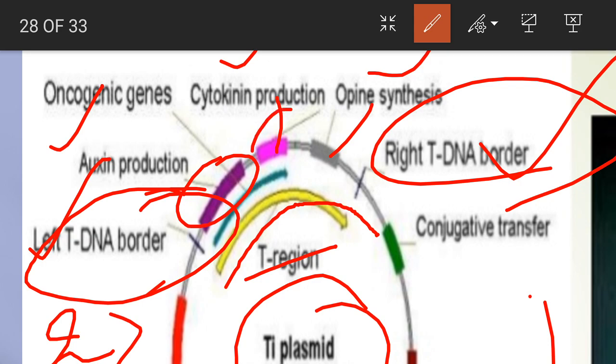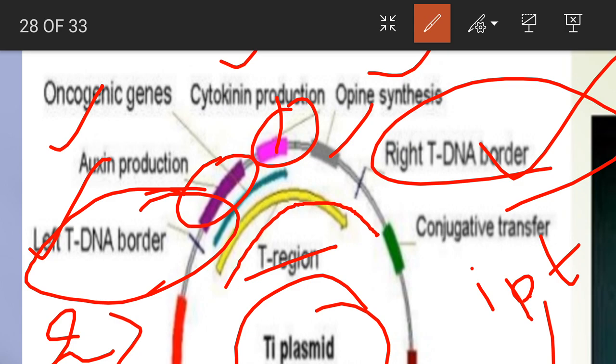Similarly, you can find the second region, called the cytokinin production region. This region consists of one gene called the IPT gene. IPT stands for isopentenyl transferase, which produces a cytokinin, which is responsible for the formation of the tumors.